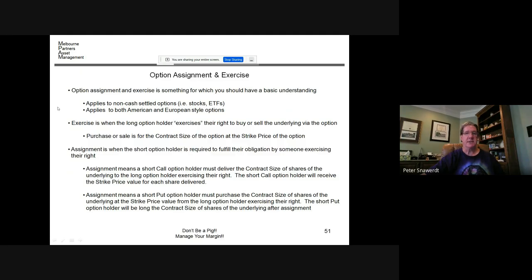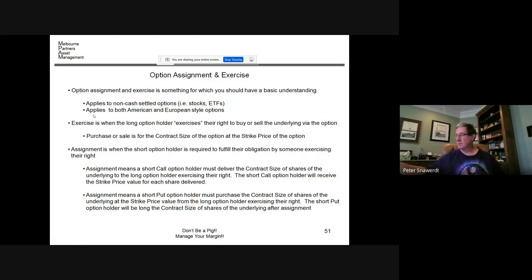Options assignment and exercise is something that's very important to you, because sometimes you can end up with stock that you didn't want. Non-cash settled stocks and ETFs settle in shares. There are American and European style options.